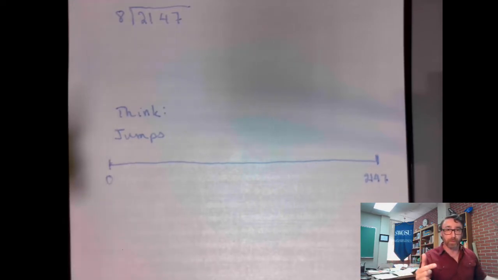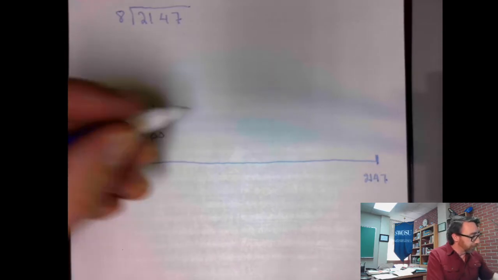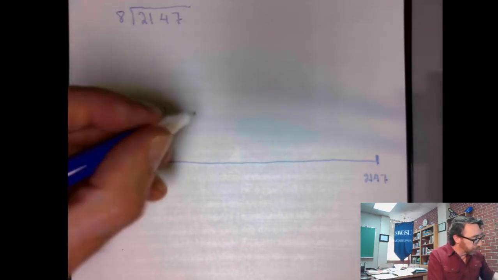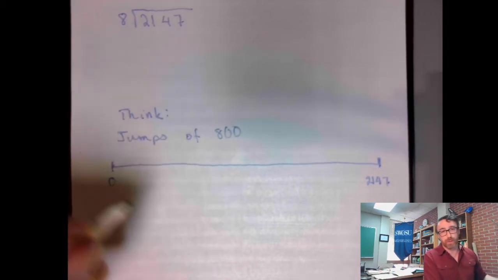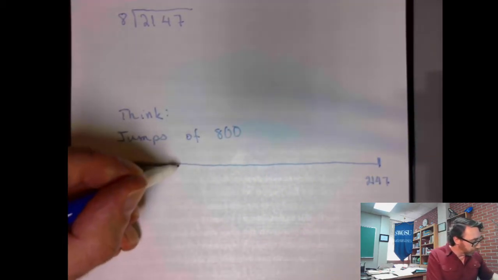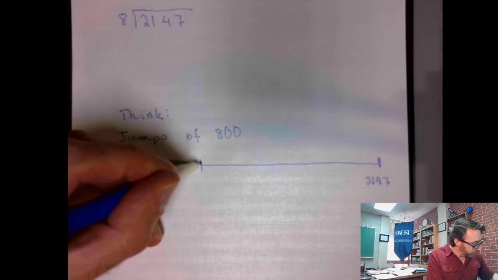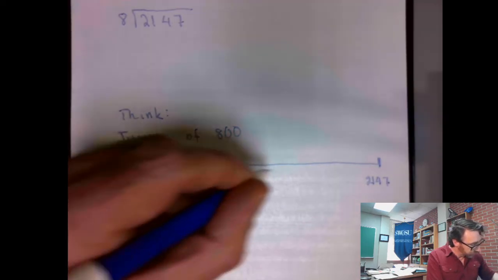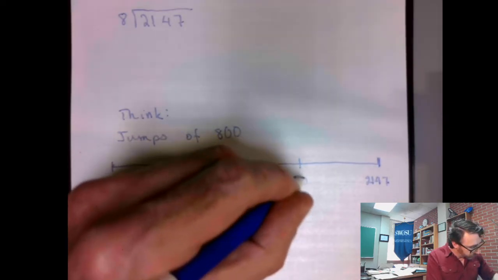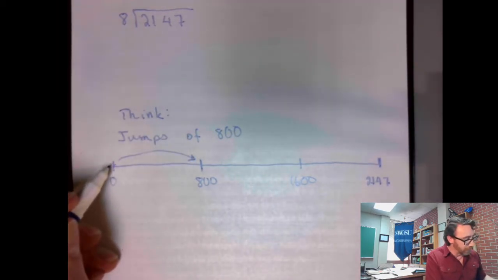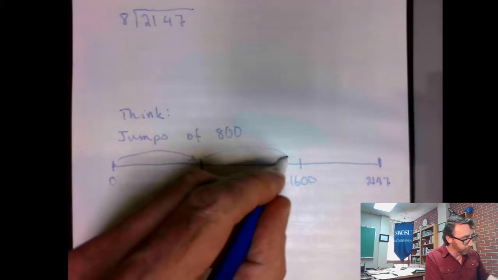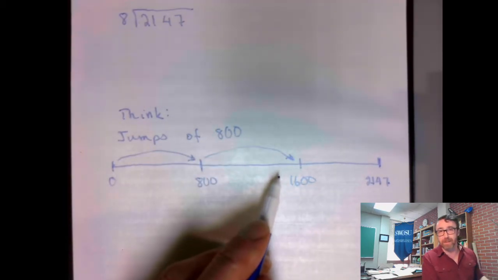Okay, so what we're going to do is we're going to take big jumps at the beginning. We're not going to count by 8, we're going to count by 800. Okay, so if we're counting by jumps of 800, first one gets us to 800, next one gets us to 1600.